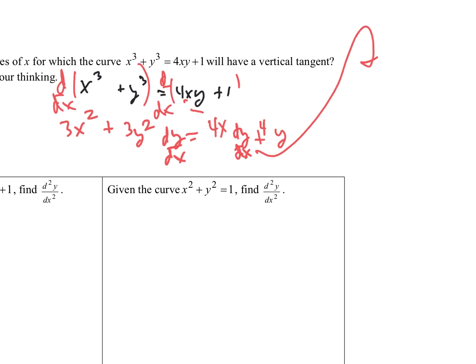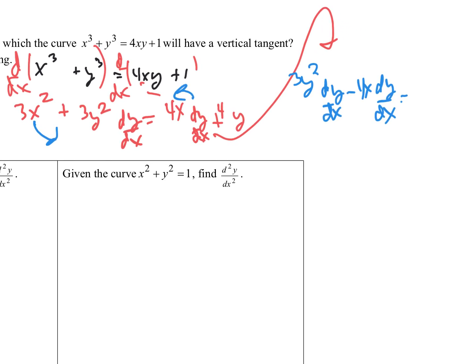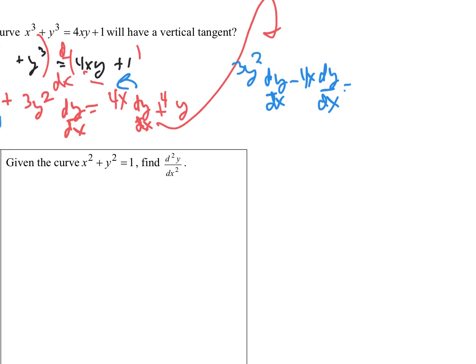Move the 3x squared to the right, and move the 4x dy dx to the left. So that gives me 3y squared dy dx minus 4x dy dx has to equal a negative 3x squared, and I already had a 4y over there, plus 4y.